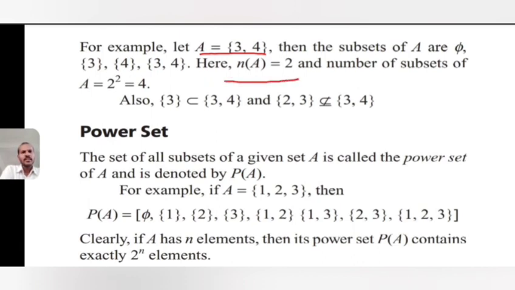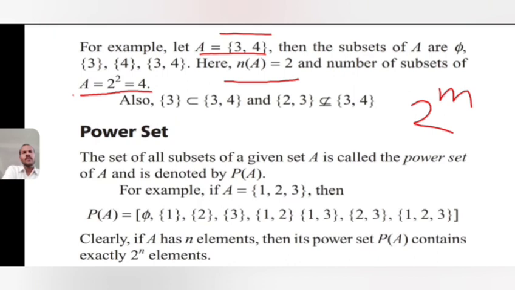A consists of 2 elements, that is 3 and 4. The number of subsets of A, by the standard formula 2 to the power of m for finding subsets, is 2 to the power of 2, which equals 4.